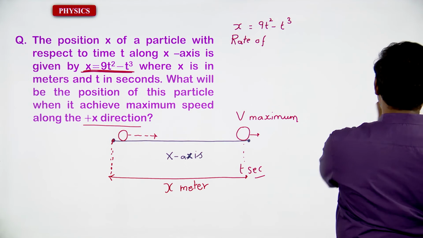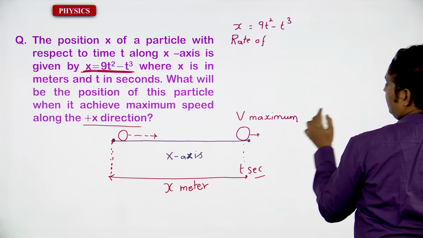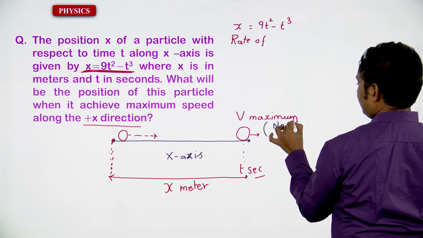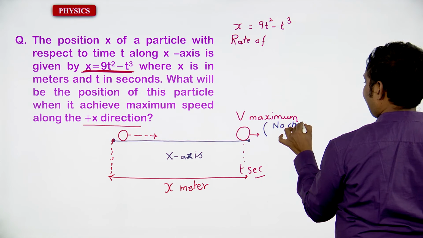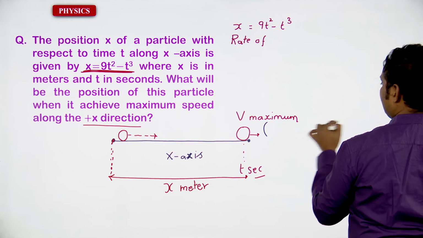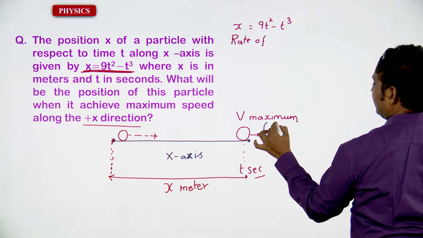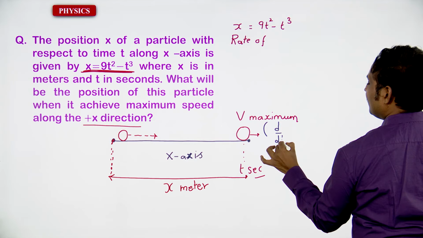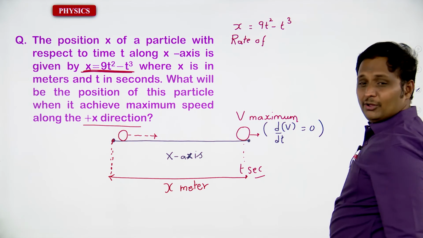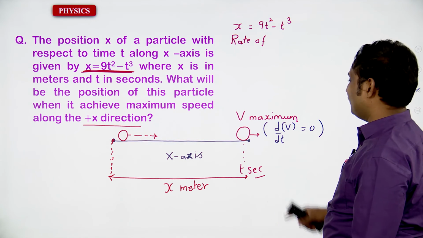V is maximum means immediately you have to write down here, no change. You have to represent it in the form d by dt of v is equal to 0. Simply remember this maximum condition.